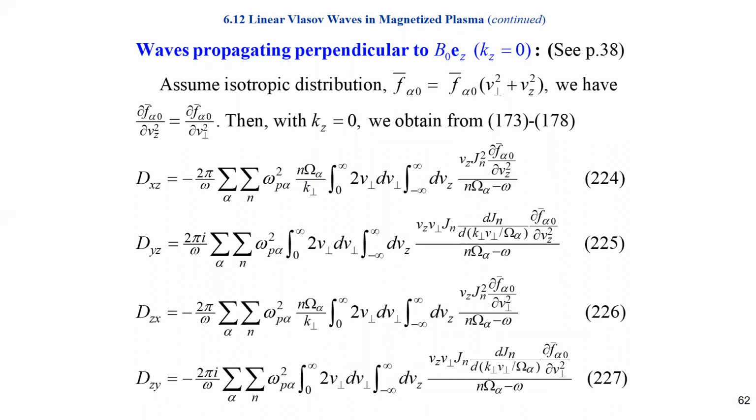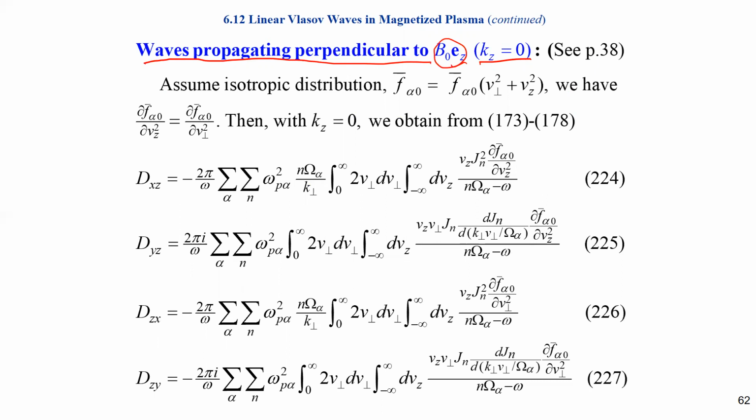Now let's consider another case: the wave propagating perpendicular to B0. Unlike the previous case, in the previous case we had the electron cyclotron wave.